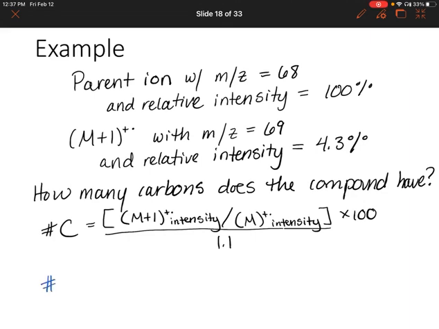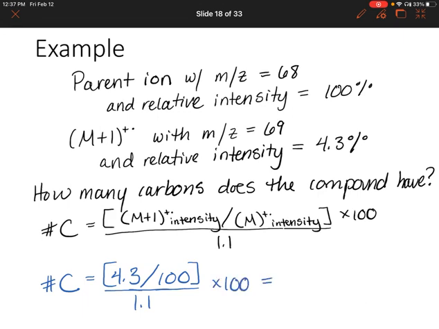Okay, so let's figure out how many carbons this compound would have. My M+1 intensity is 4.3. Then I'll divide that by the intensity of my parent peak, which is 100. Then I'm going to divide that by 1.1 and multiply by 100.